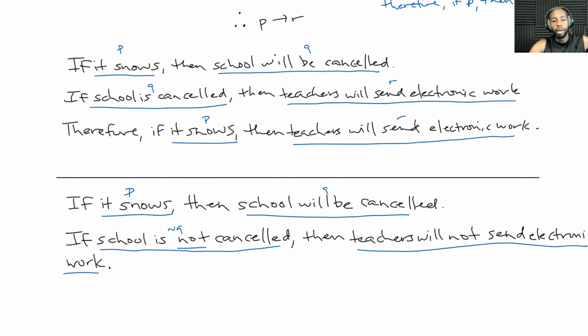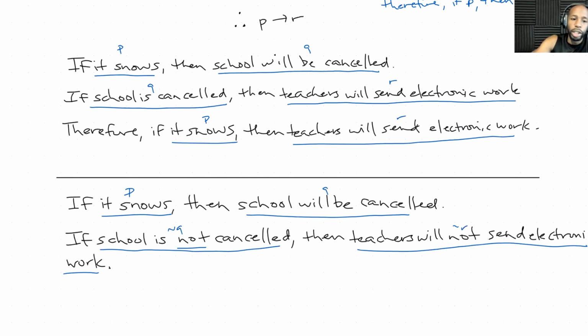I say not R. All right. So can you make a conclusion from this? Because based on the law of syllogism, if P then Q and if Q then R, therefore, if P then R. This does not follow the law of syllogism, so you can't make a conclusion from this.